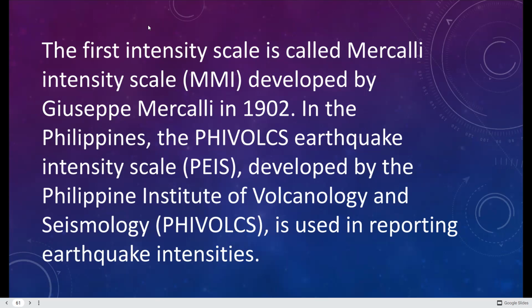That's the main reason, because Filipinos are hard-headed. So we need to have our own scale so that Filipinos will respond. If we use the Mercalli scale, they will say, what is that?